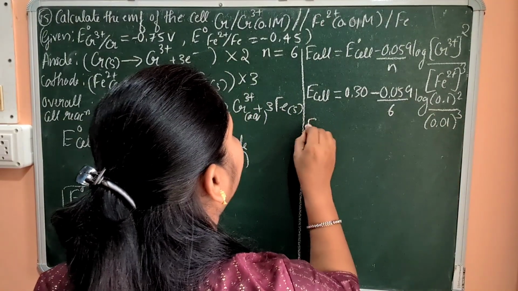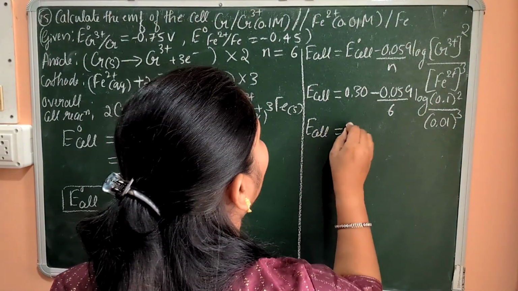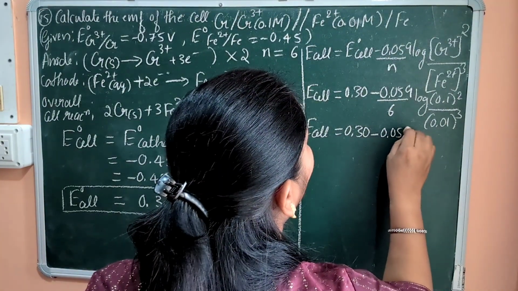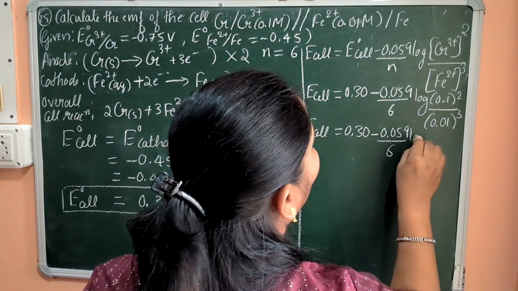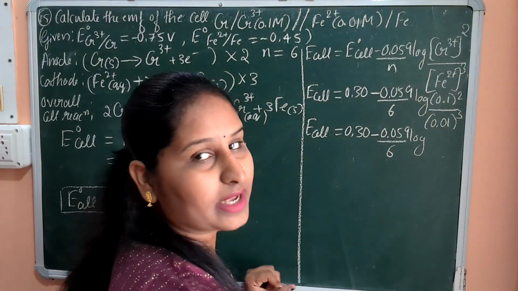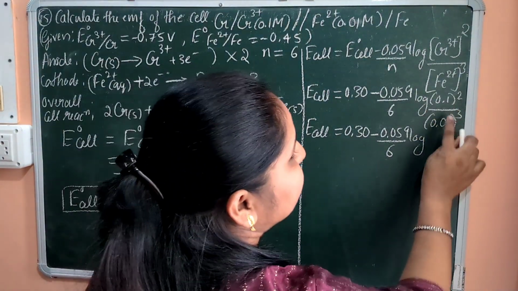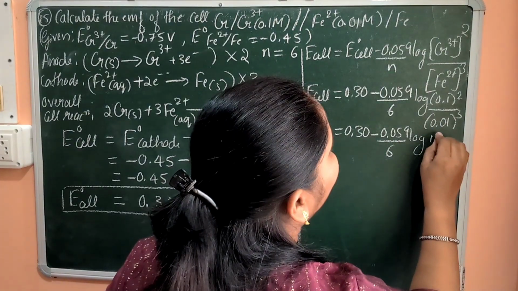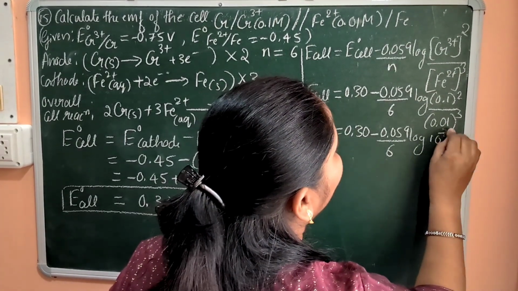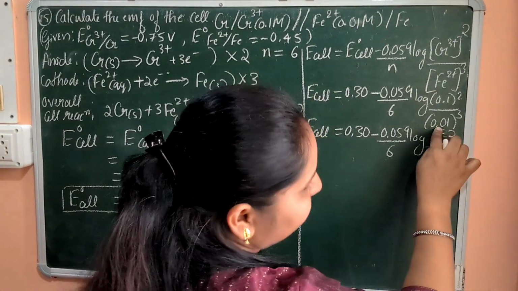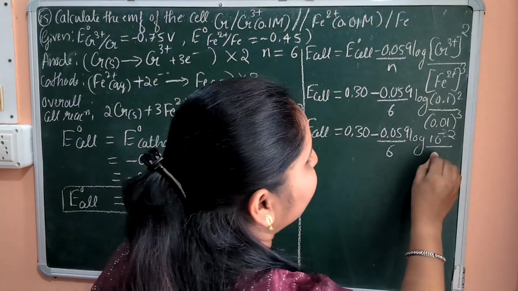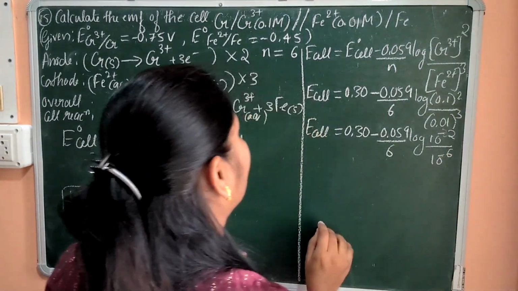Now let me calculate the values here. It is 0.30 minus 0.059 upon 6, and log of, let me write 0.1 as 10 to the power minus 1. So it will become 10 to the power minus 2, and here it is 10 to the power minus 2 cubed, so it is 10 to the power minus 6.